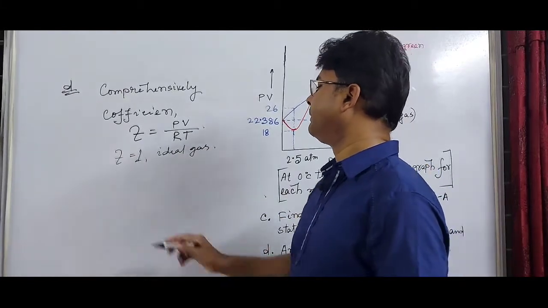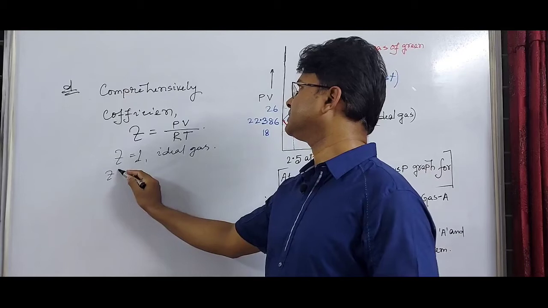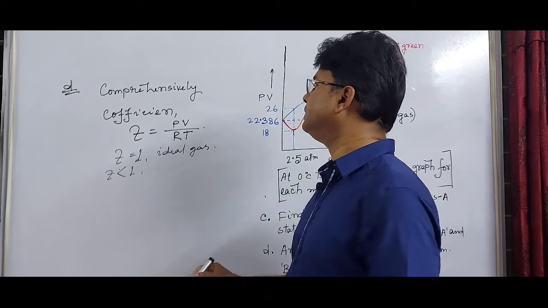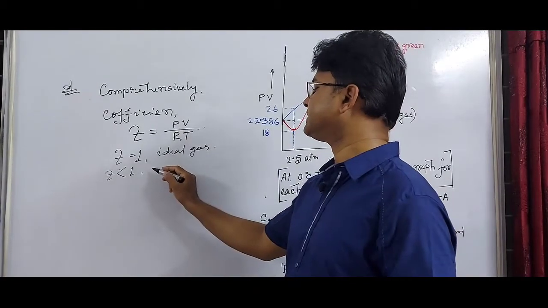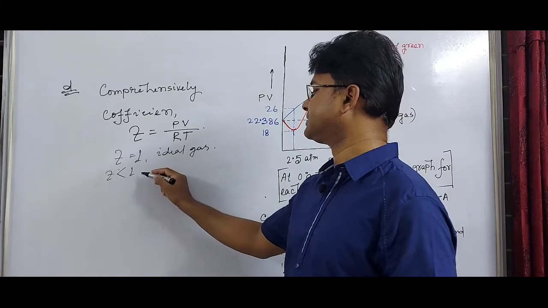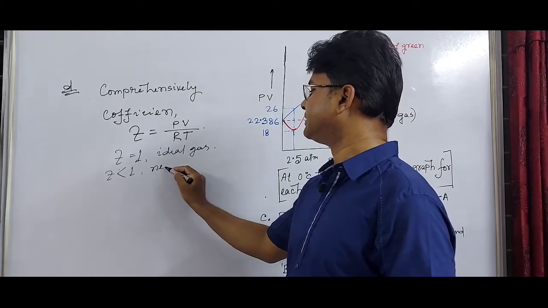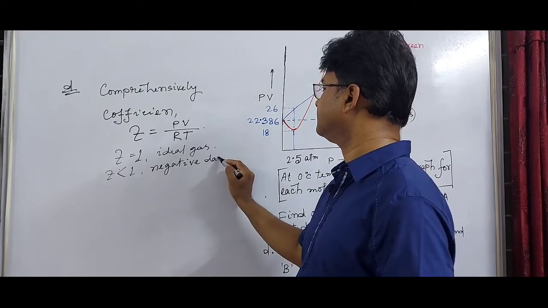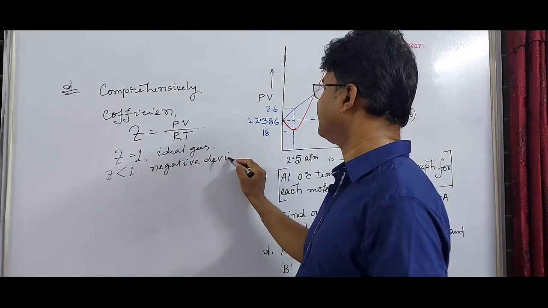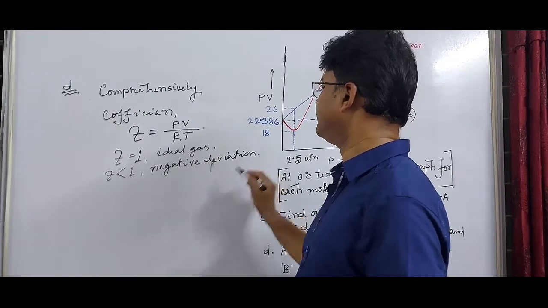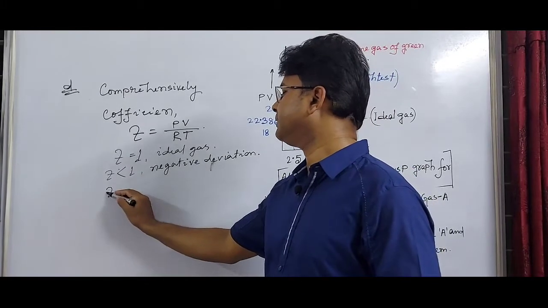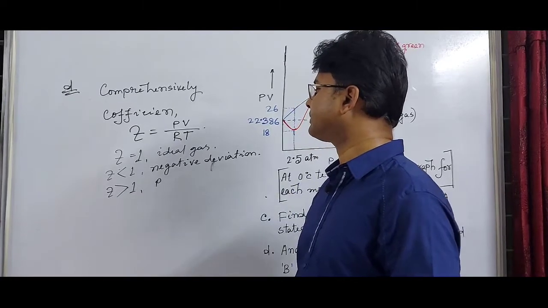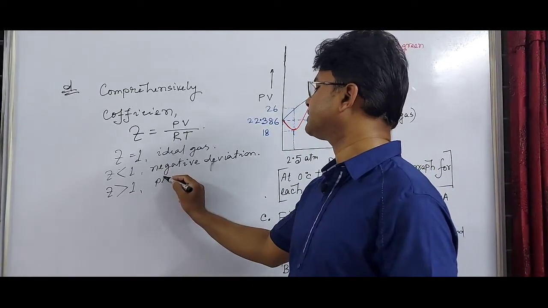And if the value of Z is less than 1, then the gas is deviated from ideal characteristics and it is negative deviation. And if the value of Z is greater than 1, then it is also deviated from the ideal characteristics and it is positive deviation.